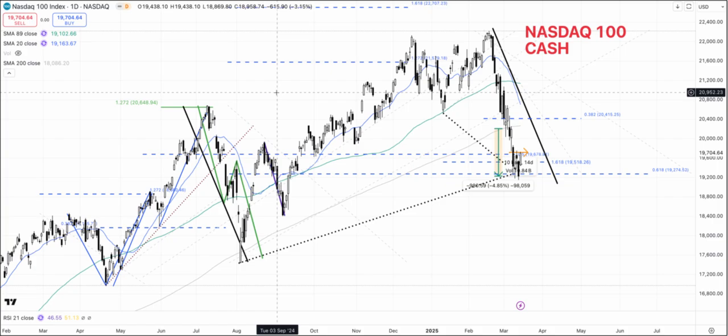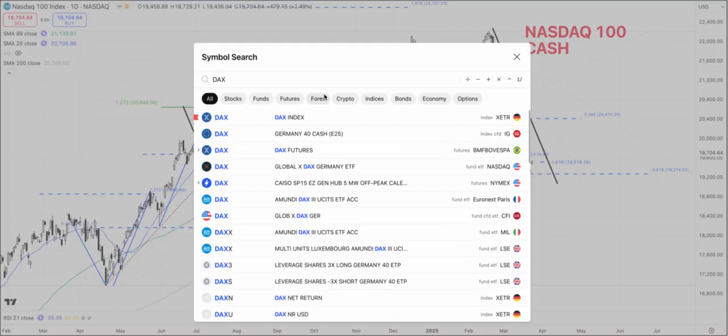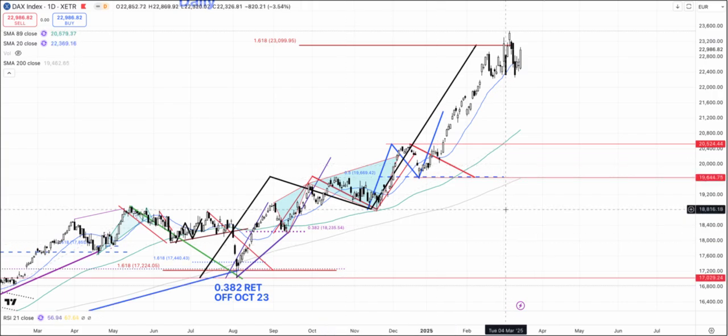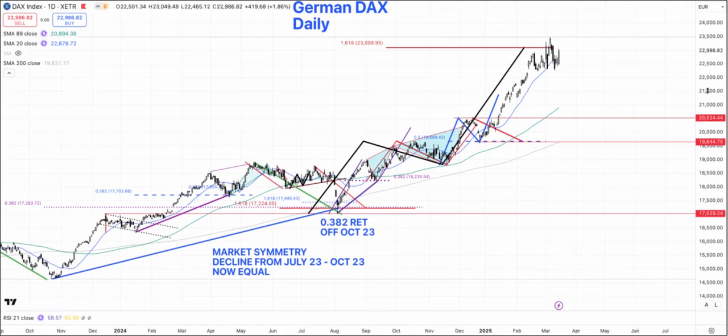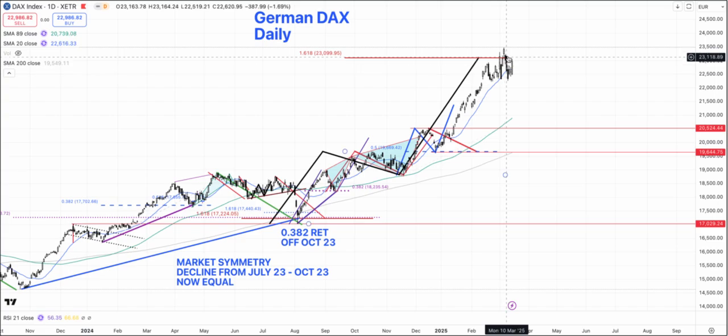All right, so let's take a look at the German DAX first. This is the daily chart of the German DAX, and the German DAX actually reached our objective of about 23,100. Then it tried to get above it but failed, and it's just in a range bound situation right here.